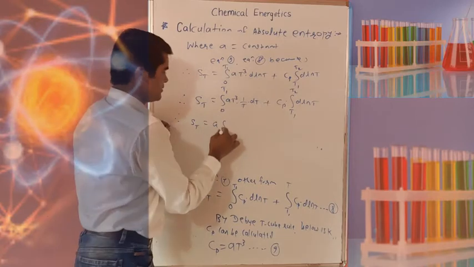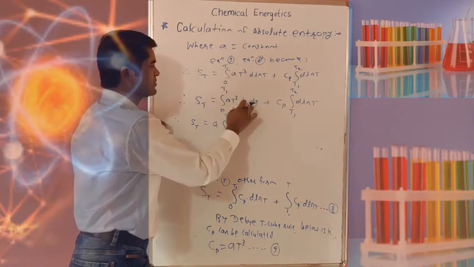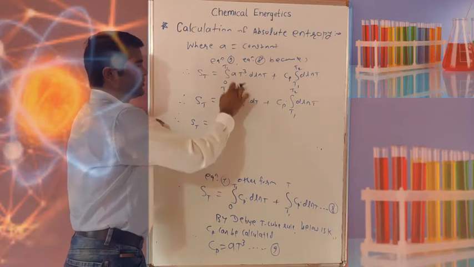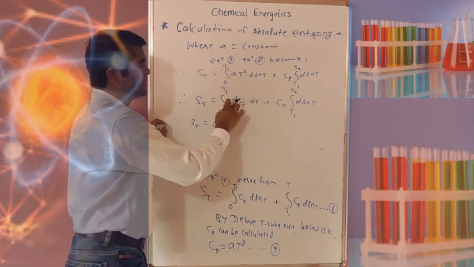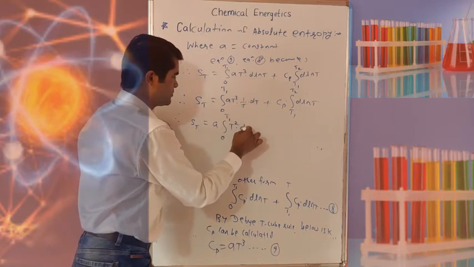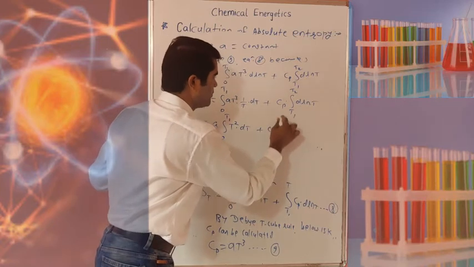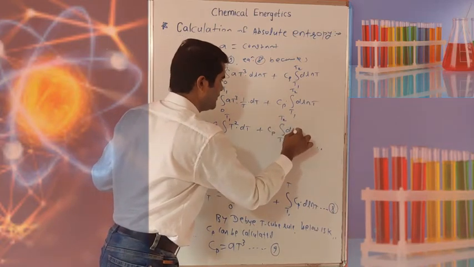Here T raised to 3, there T raised to 1, so T raised to 3 minus 1, that is T square. So A integral of T square dT from 0 to T1, plus Cp integral from T1 to T of d ln T.